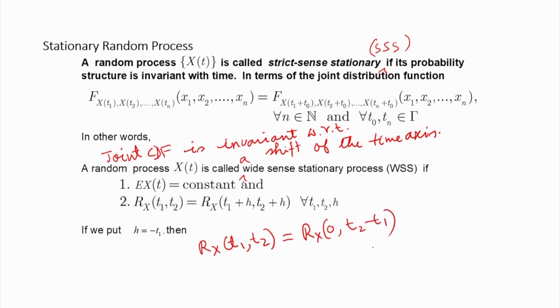So, therefore, we see that in the case of a WSS process, this autocorrelation function is a function of the time lag, t2 minus t1. If I denote it by a single parameter tau, then tau is equal to t2 minus t1. This autocorrelation function is a function of tau only.